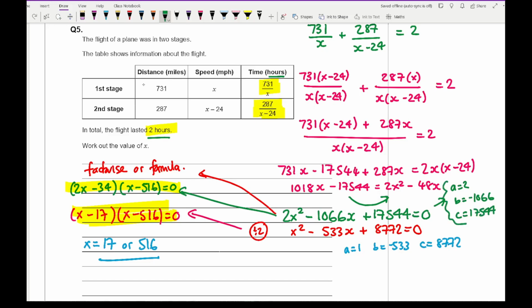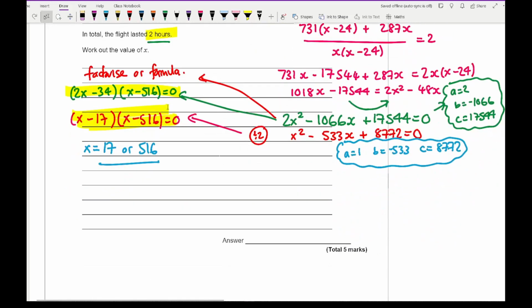It really does depend on what you feel more comfortable with, but either way that's what you should have for substituting into the formula. If you use the quadratic formula, you should still end up with x equals 17 or 516.